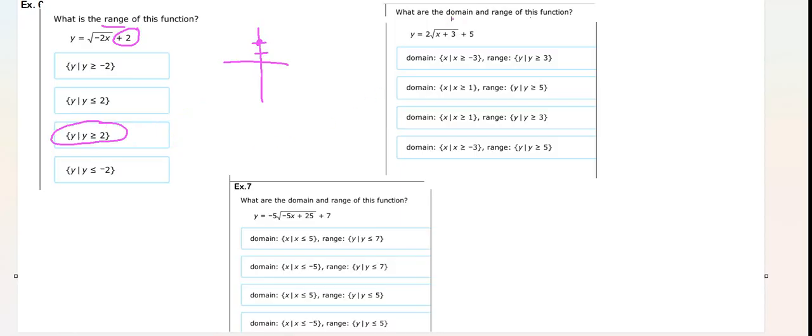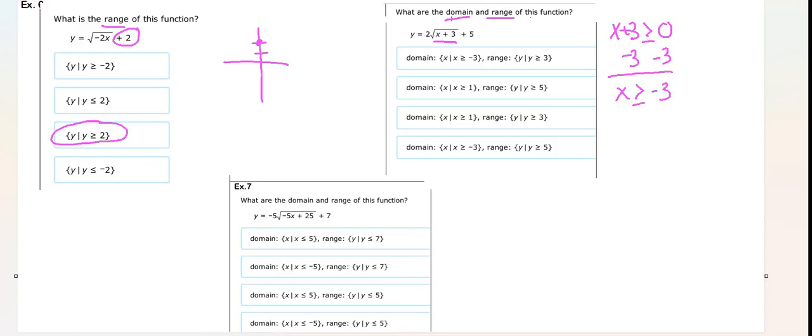On this one, they want to know the domain and the range. All right, so for the domain, we're going to take this x plus 3, and we're going to make it greater than or equal to 0. Solve it. X is going to be greater than or equal to -3.